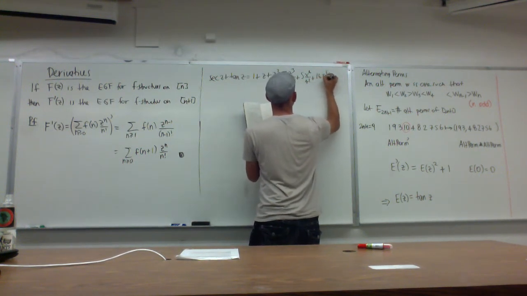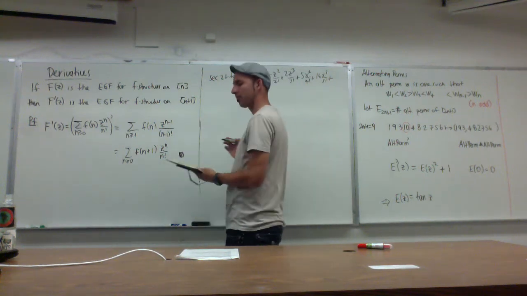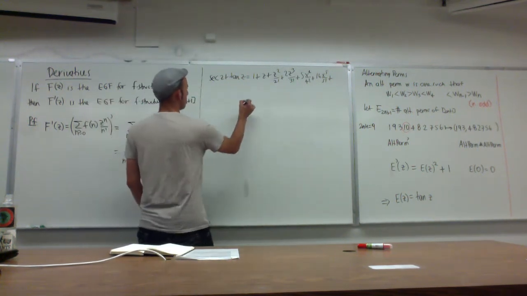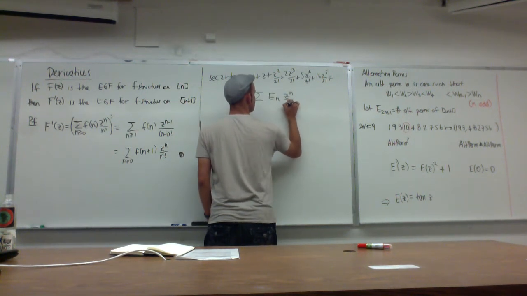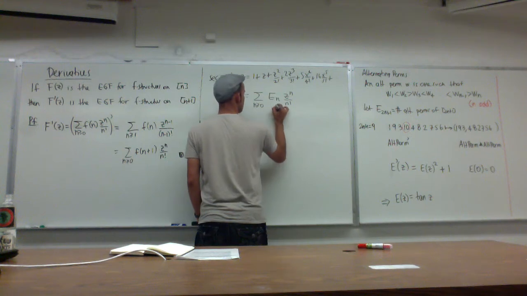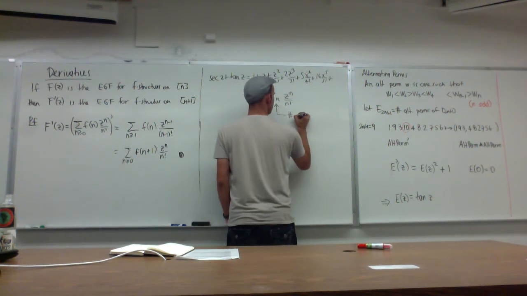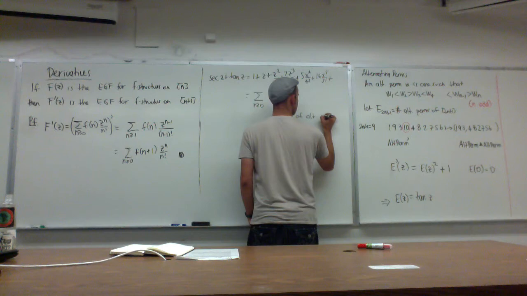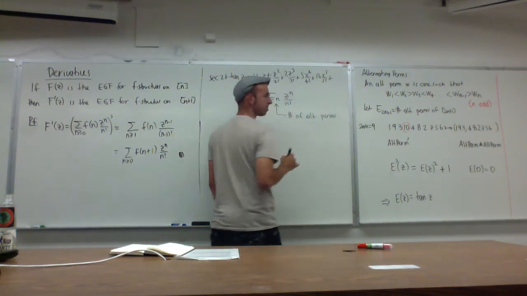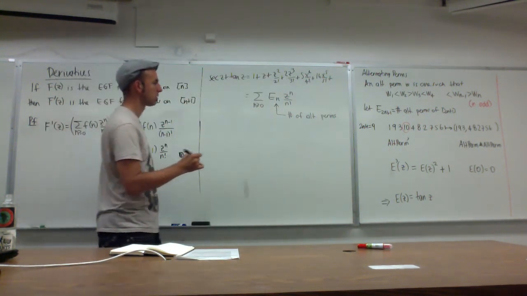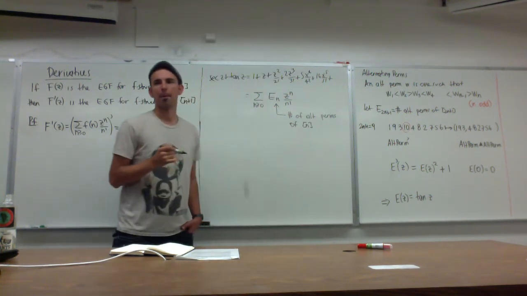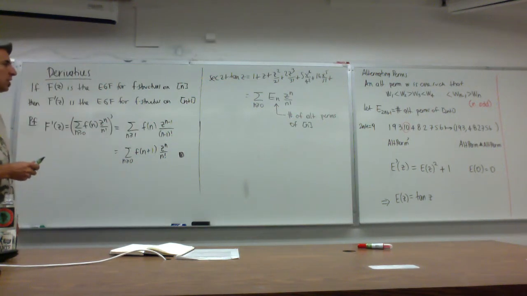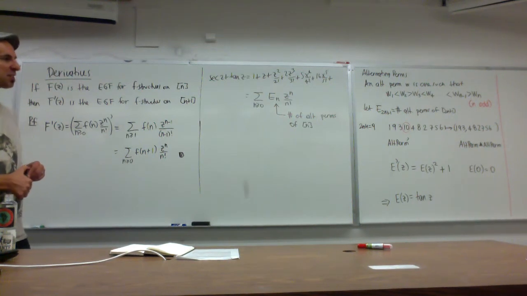So this is the sum of E_n z^n over n factorial, where E_n is the number of alternating permutations of n. And the proof is something slightly more careful than what I did. But it's basically the proof, that's it.